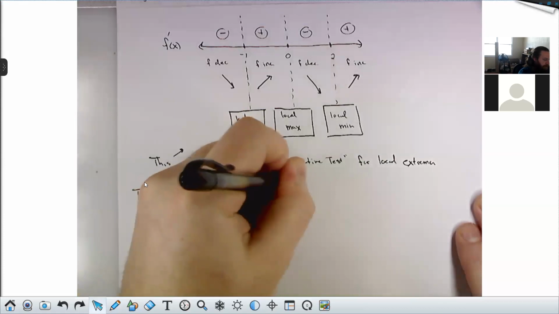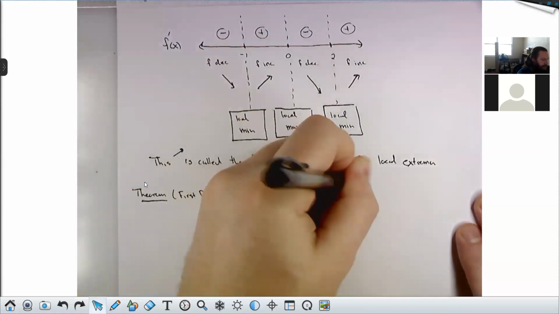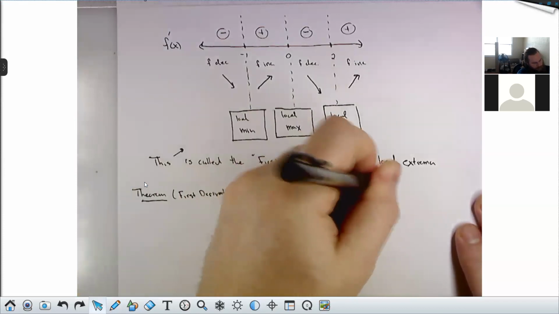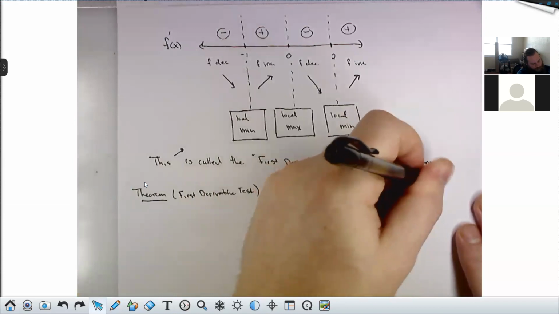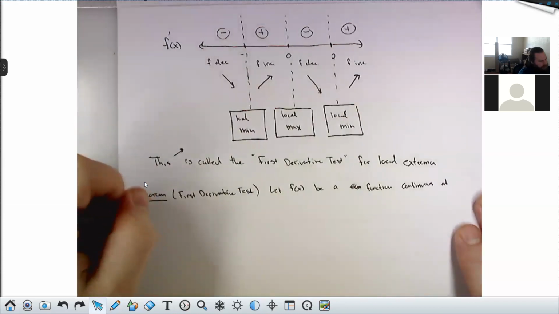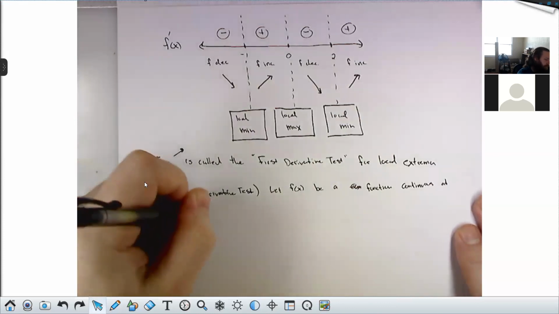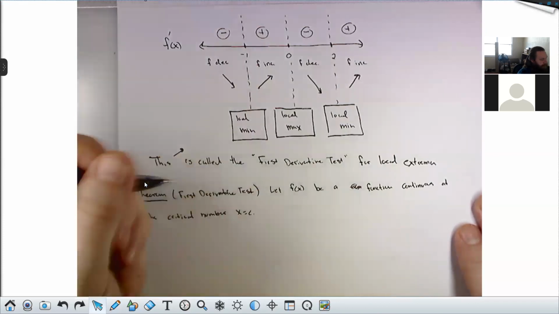Let f of x be a function continuous at the critical number x equals c.